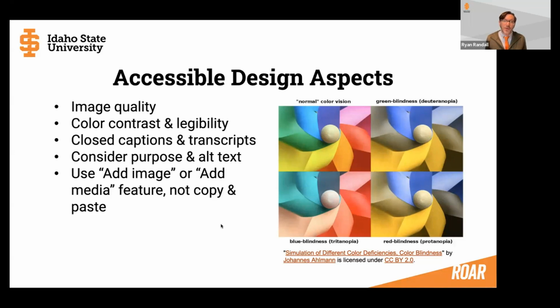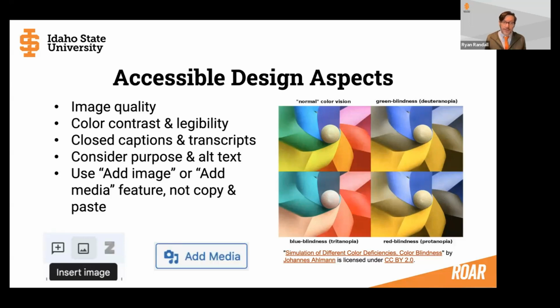And finally, when you go to add the image into whatever platform you're using, there's often a feature that's called something like add image or add media. If you do that, it will let you actually add the alt text. So here on the left, this is what you might be familiar with from Google Docs.